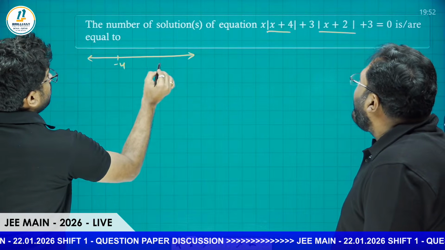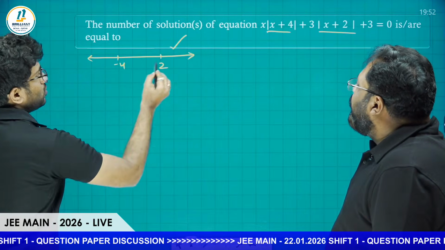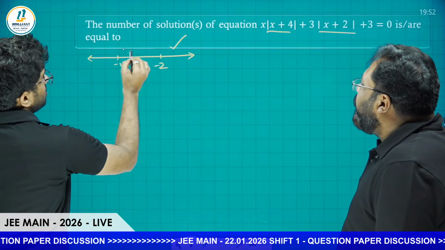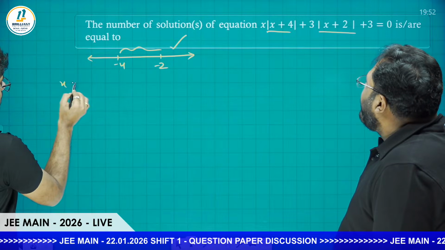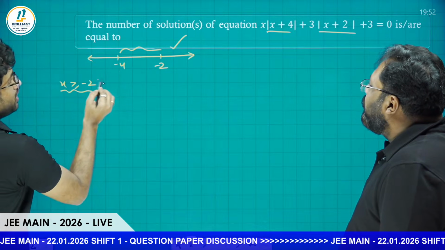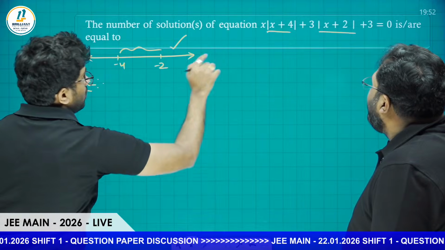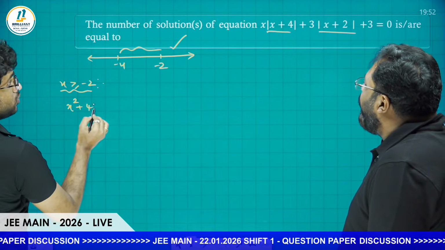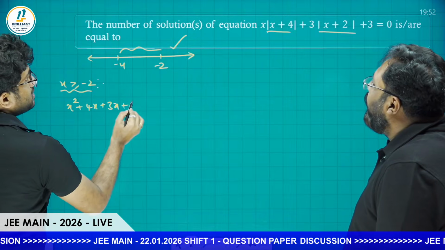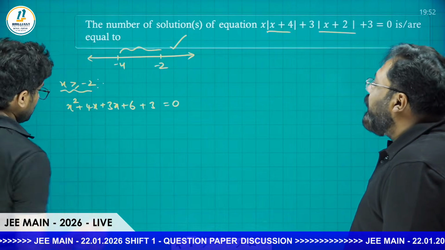So we have minus 4, minus 2. Greater than minus 2, one region; in between minus 4 and minus 2, one region; less than minus 4. Starting from x greater than or equal to minus 2, both are positive in this case. So x into x plus 4 is x square plus 4x plus 3x plus 6 plus 3 equals 0.